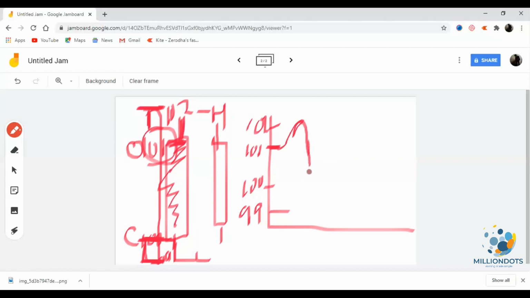Then it came down till 100 and then till 99, and it again went to 100 and closed there. This particular movement, it always came down and went up, so it is a wick in this part as well. So this will be the opening price, this will be the closing price, this will be the low, and this will be the high. This is how a red candle is formed.